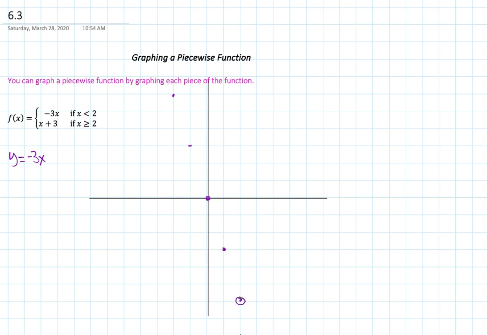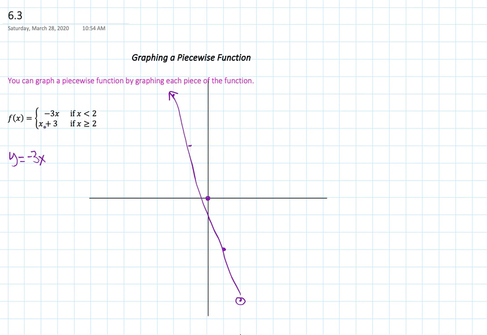So I'm going to put an open circle here, and I'm going to go this way. Wow, that's pretty rough. It doesn't even exist when x is equal to or greater than 2. So I use an open circle because this is just a less than.